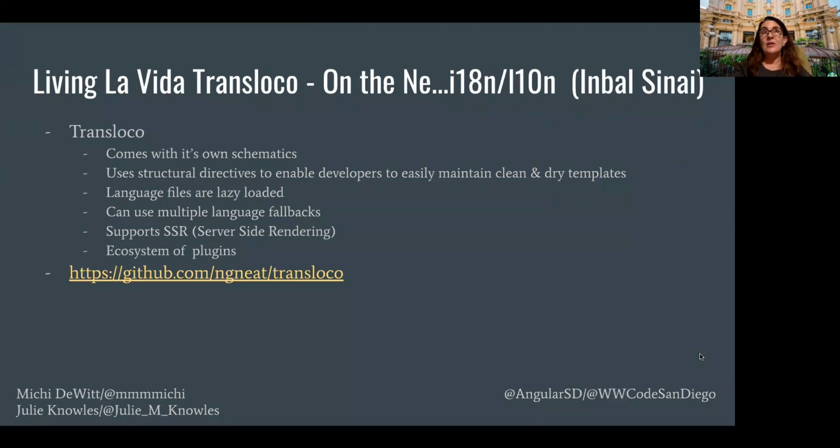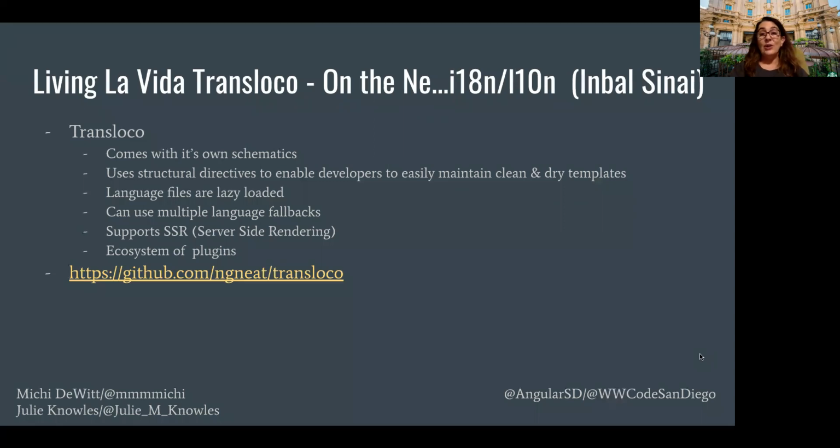It's something that they use on their team at Salesforce, and they found it very useful for everything they want to do for localization and changing languages. It comes with its own schematics, which makes it really easy to install and incorporate into your code. It uses structural directives to enable developers to easily maintain clean and DRY templates.